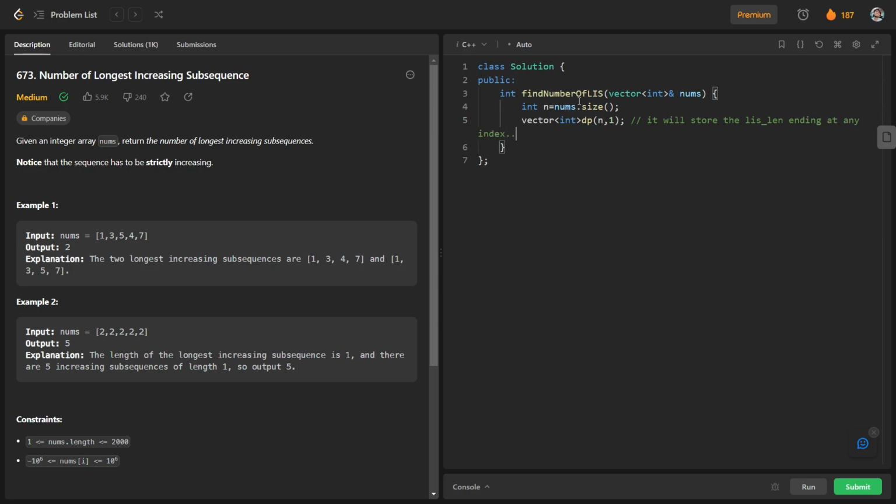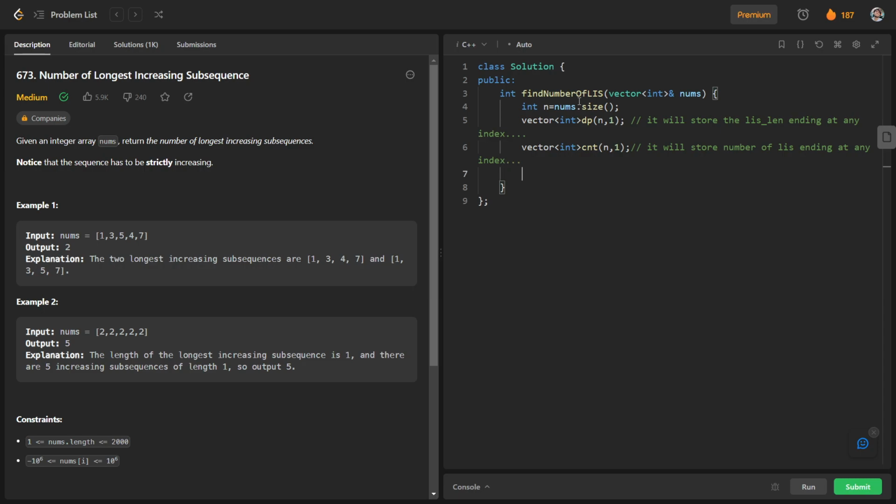And we can have another vector, count of n comma 1, which will store the number of LIS ending at any index.